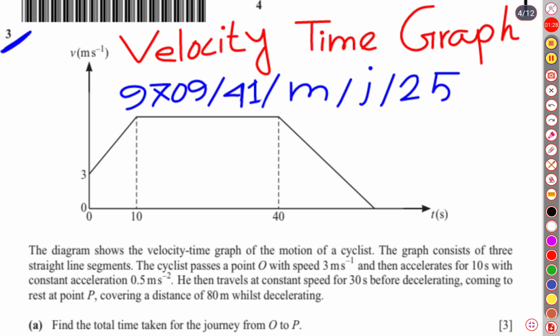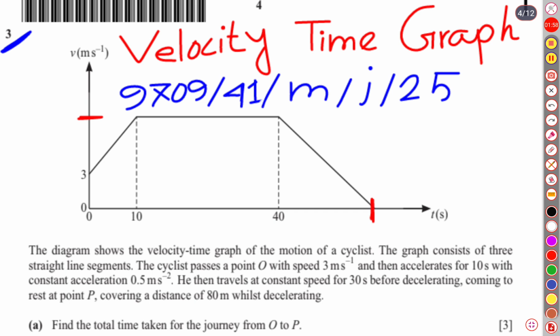For knowing the final time instant when the cyclist came to zero, at this point, we should know this timing as well as the velocity at this point. So for the first part, I mean this V, we can easily apply it.